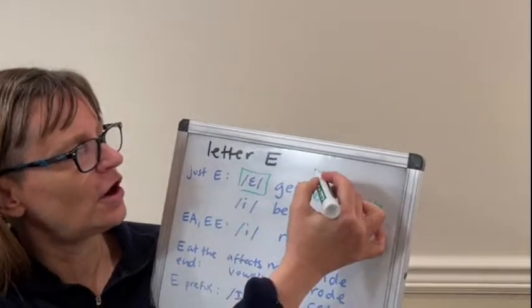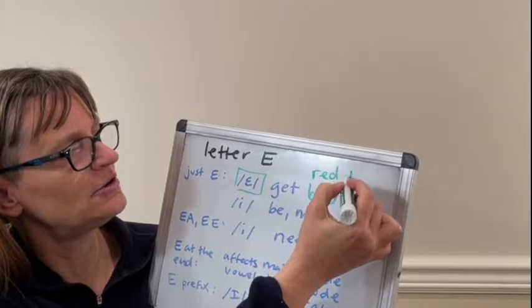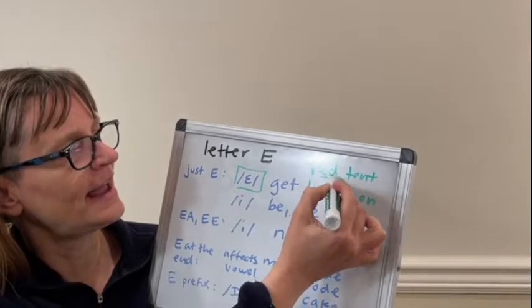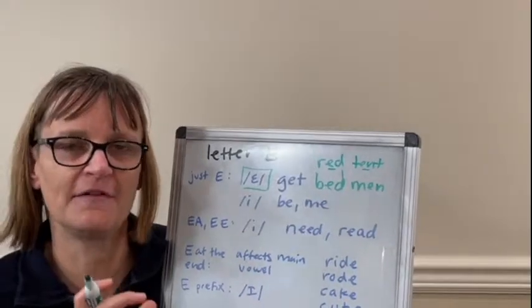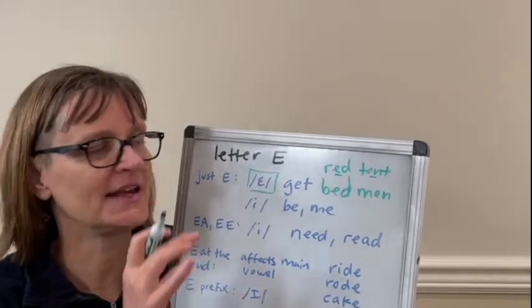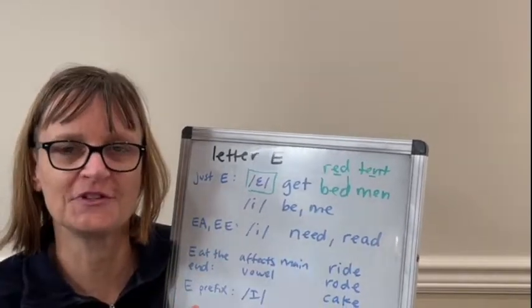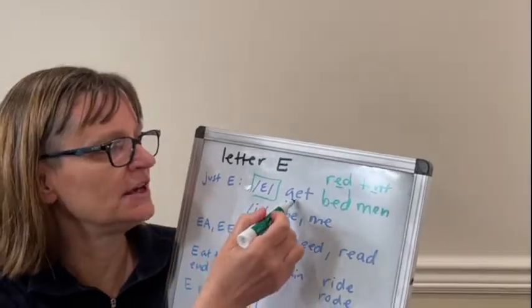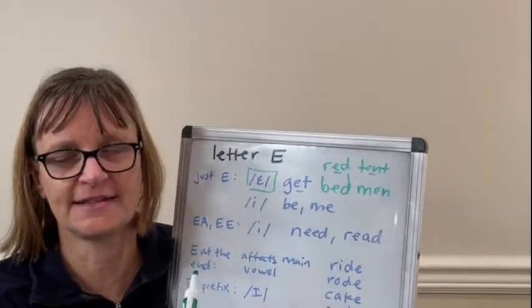So I often call this the red tent vowel, vowel eh. And even though we have this same vowel spelled other ways and E can say other sounds, most of the time in English, when you see the E, you should be trying to think of the eh sound.